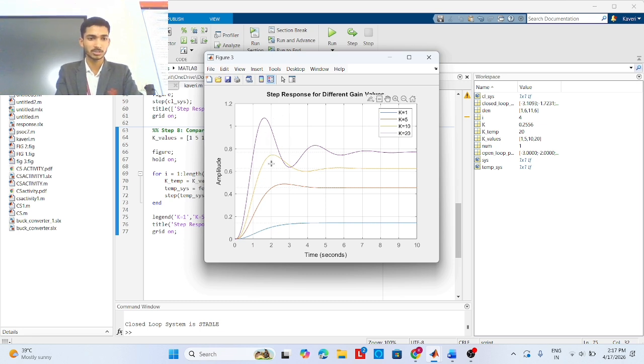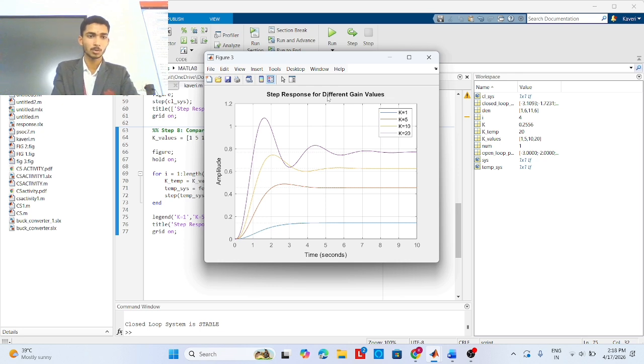non-oscillatory response. As the gain increases, these poles begin to move along a specific path defined by the root locus branches. With a further increase in gain, the poles approach the imaginary axis, which results in reduced damping and the onset of oscillatory behavior.